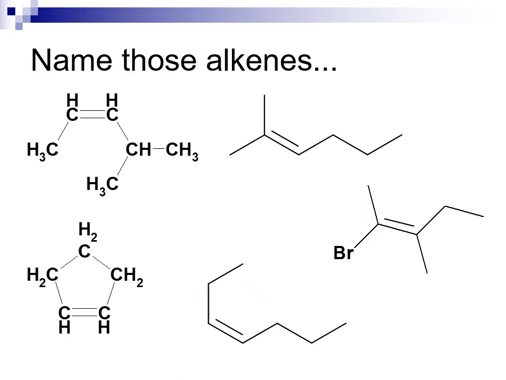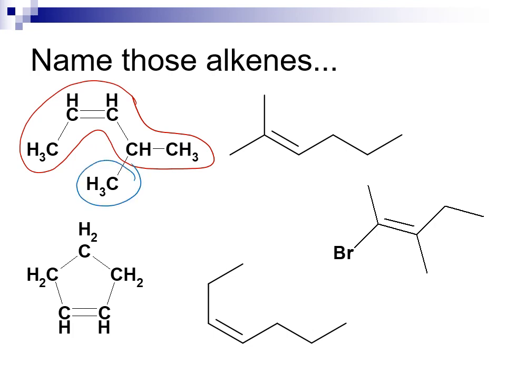All right, let's try naming these guys here. Again, find the longest parent. If we look at this one, we could probably say that one there is the longest parent. And the thing with double bonds is that they take precedence over branches on who gets to be closest to carbon number 1. There's a whole hierarchy as to what's the more important thing to consider in the naming of organic compounds, and double bonds and triple bonds take priority over these carbon branches.